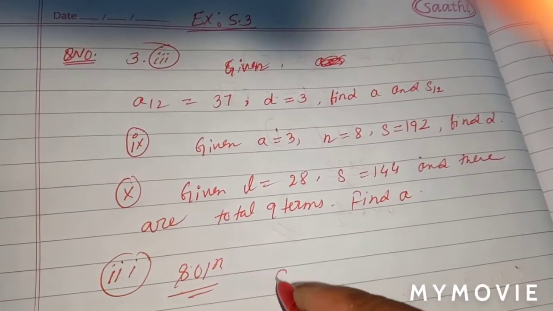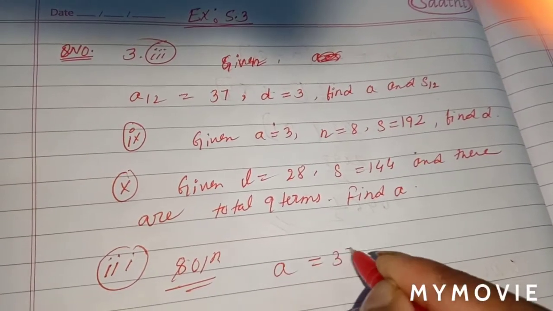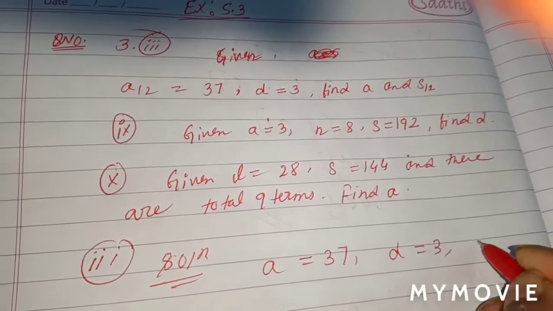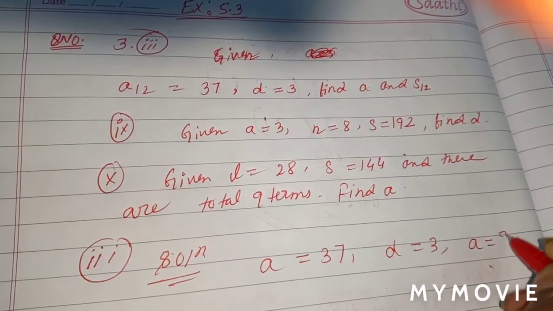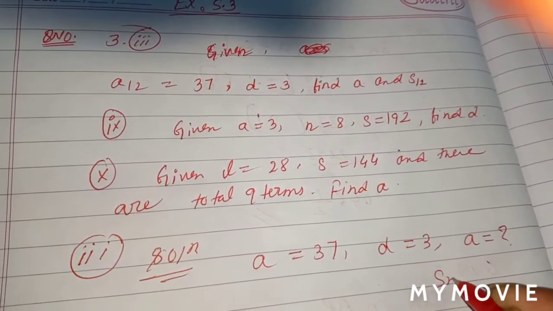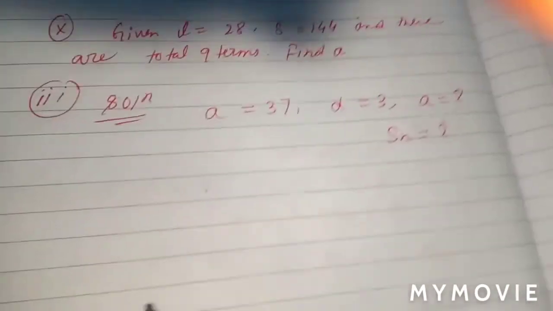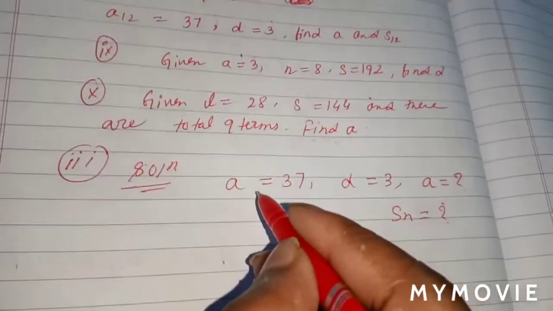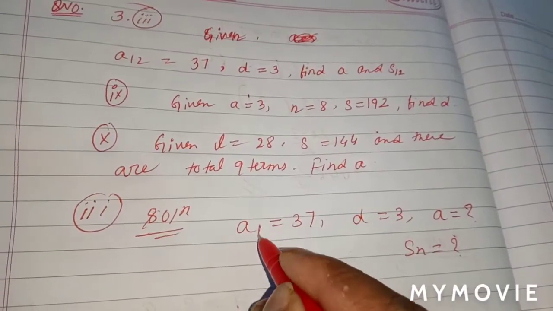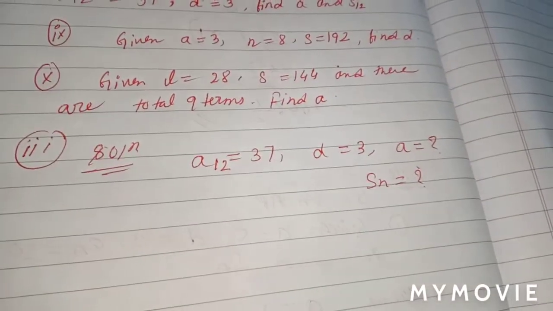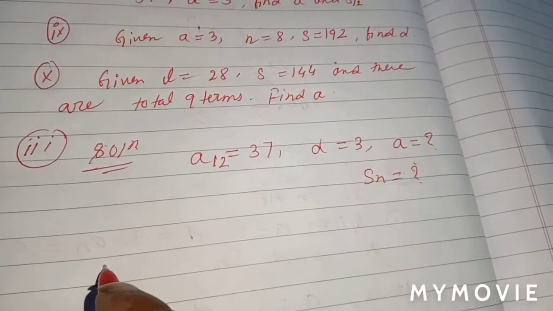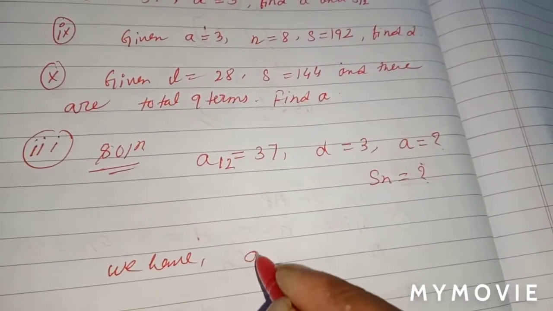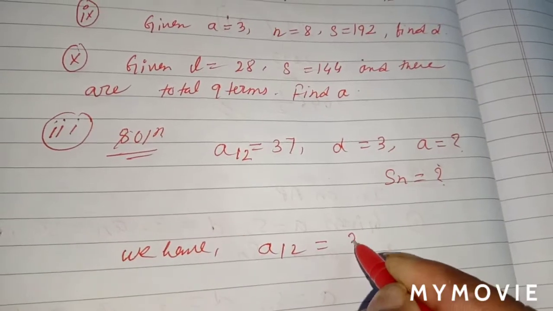First you write what are the things that they have given: 37, 3. A we need to find out, and you have to find out Sn. Next, see here, they have given A12. So now we have A12 is equal to 37.